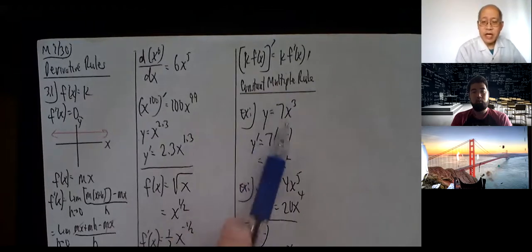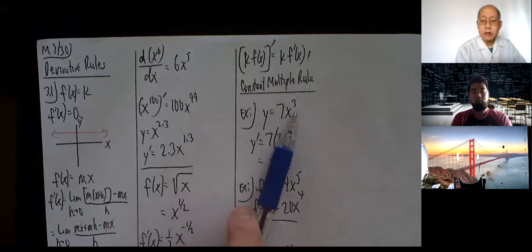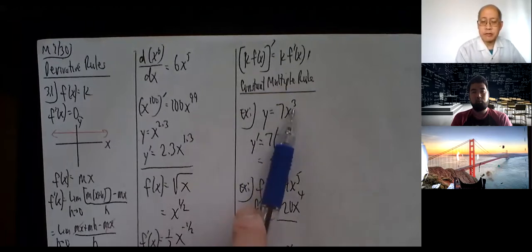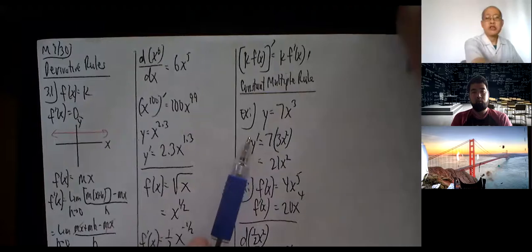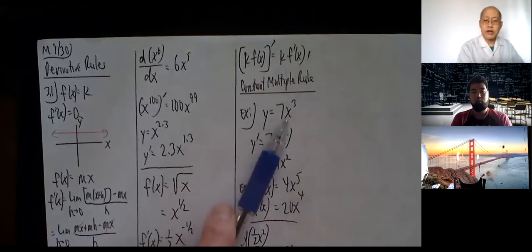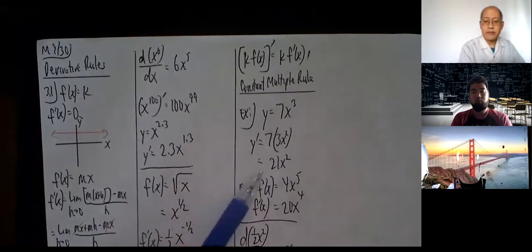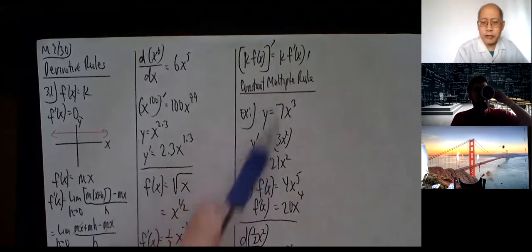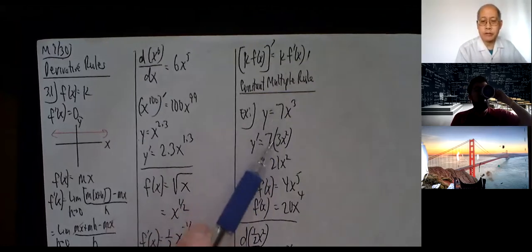If I have 7x cubed, all you have to do is go 3 times 7 is 21, and then subtract 1 from the exponent. You may use that shortcut. So 7x cubed, derivative, 3 times 7 is 21, subtract 1, 21x squared. So you don't have to run through all of this rigmarole here. You can just go straight to it.